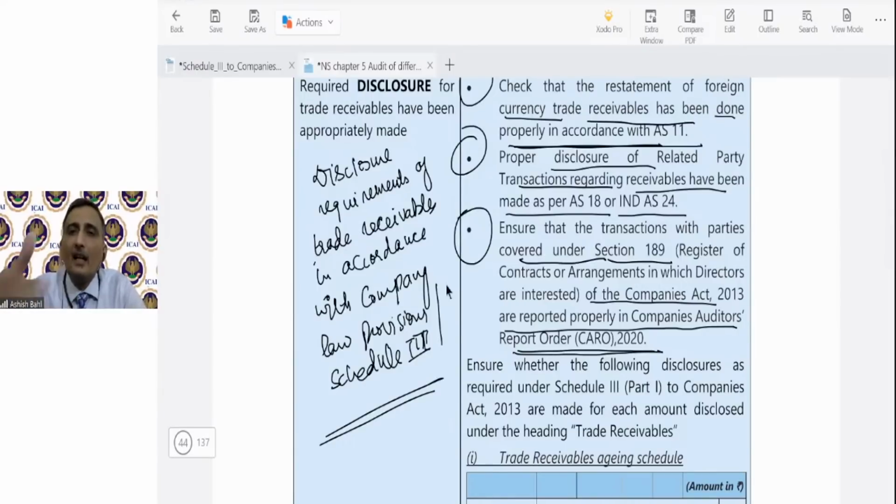So whenever you find references to CARO in this chapter, do not get confused. We will be covering this topic in quite detail when we come to the chapter on audit report in module 2.